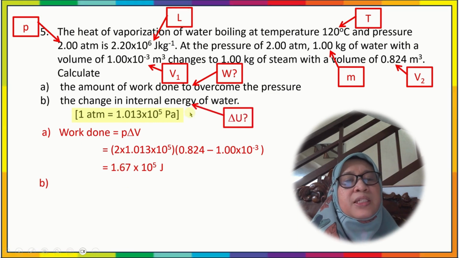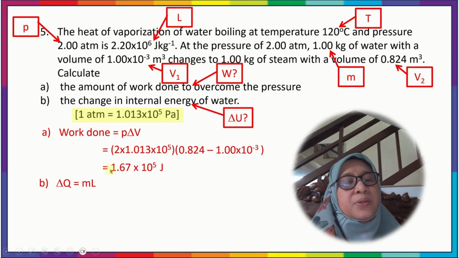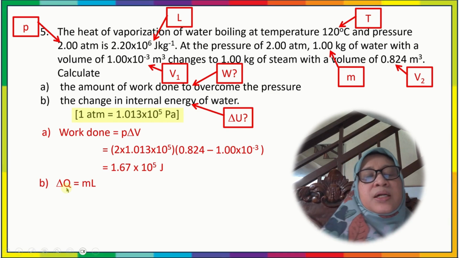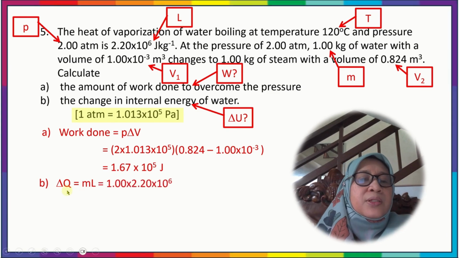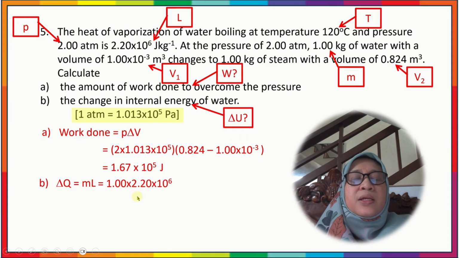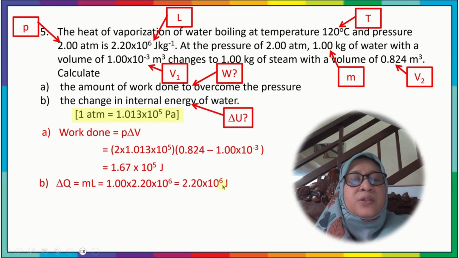For B, the change in internal energy, delta U. To find delta U, you need to find the heat first, because we are going to use the first law of thermodynamics. The heat we can find using mL, where L is the heat of vaporization. The mass is 1 kilogram, so we get the answer 2.20 times 10 to the power 6 joule.